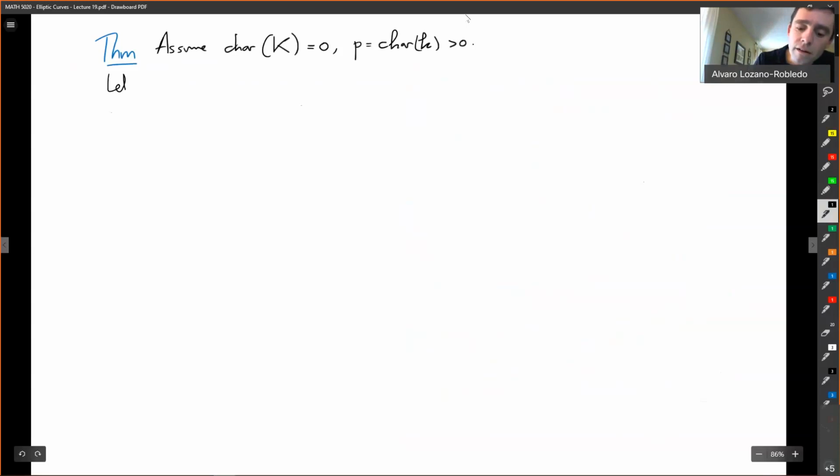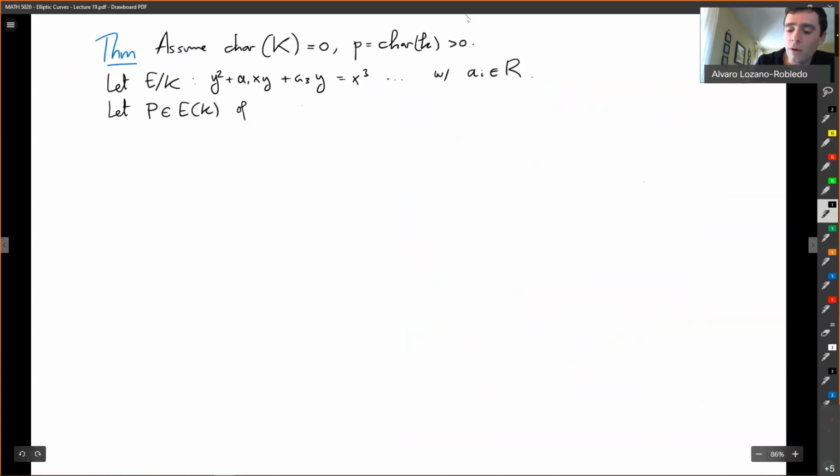Let E over K be an elliptic curve given by a Weierstrass equation with each a_i in R, and let P be a point of exact order m.